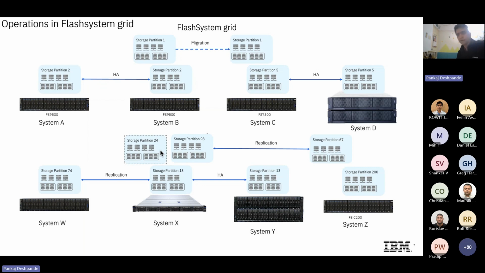And there are a number of operations that could be going on simultaneously: some migration, some systems in HA, some doing replication, some in three-site, some maybe just having the basic partitions.